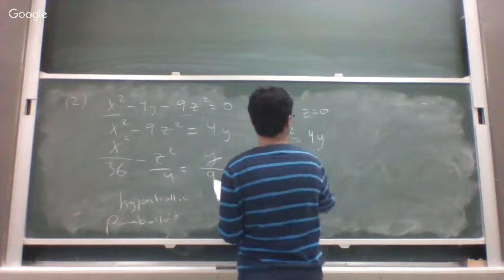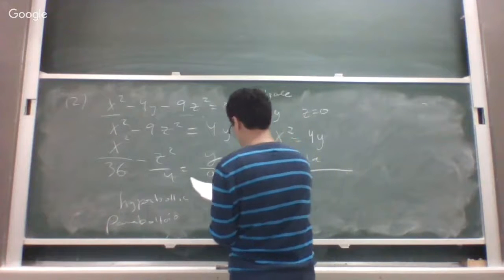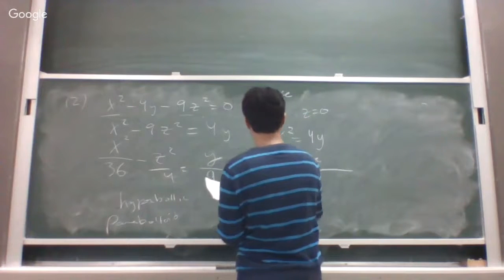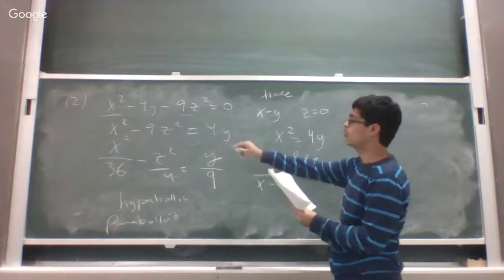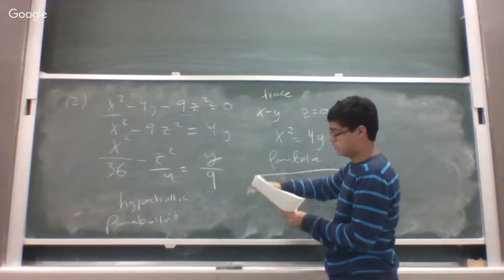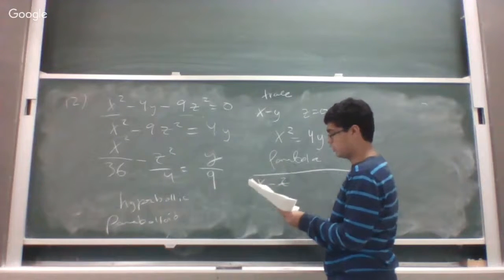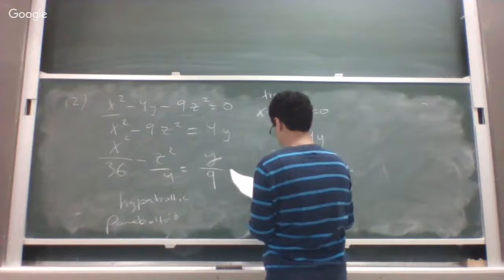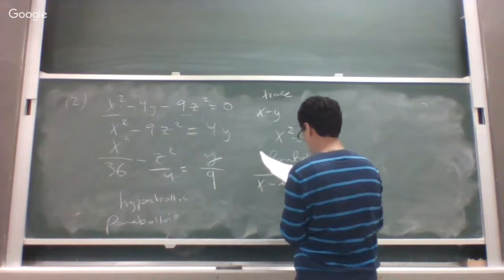XZ trace. What is equal to 0? Y would be equal to 0 here. So then you have z equal to plus or minus x.